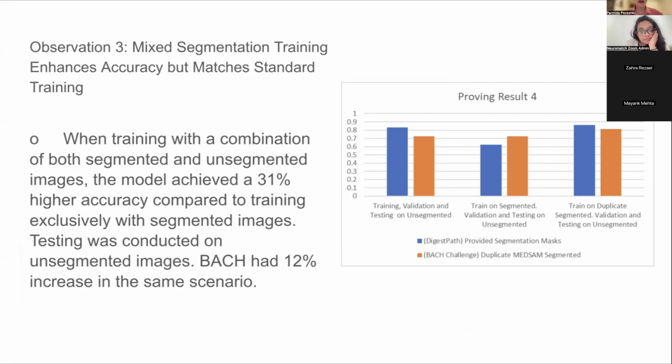So when we trained the model on a mixed dataset of both segmented and unsegmented images, a kind of duplicate dataset, the accuracy improved significantly. And it was almost the same as when trained and tested on unsegmented images.